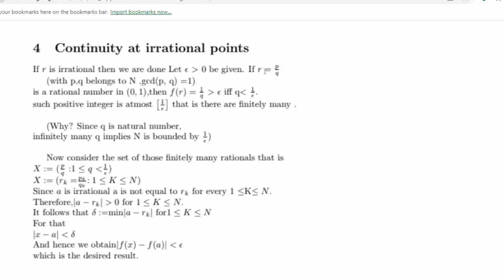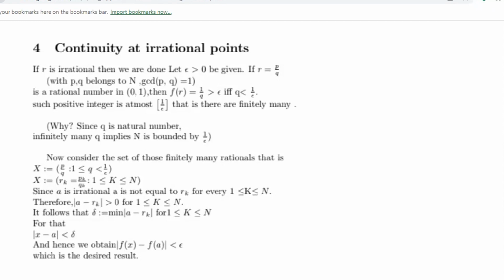Oh, yeah. Okay, first, if there is a rational number and its image will be greater than epsilon, this will only be true if q is less than 1 by epsilon. This is clear. Yes. And I am claiming that q are only finitely many. Suppose q are infinitely many.